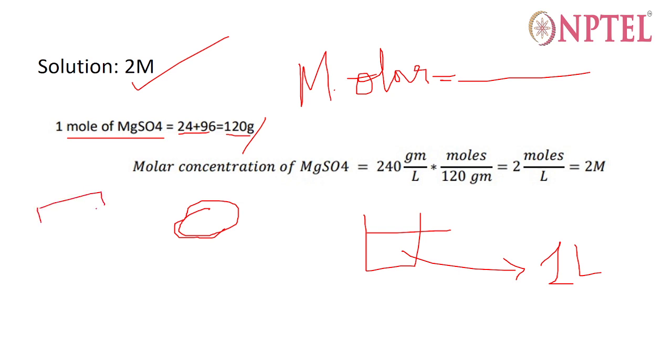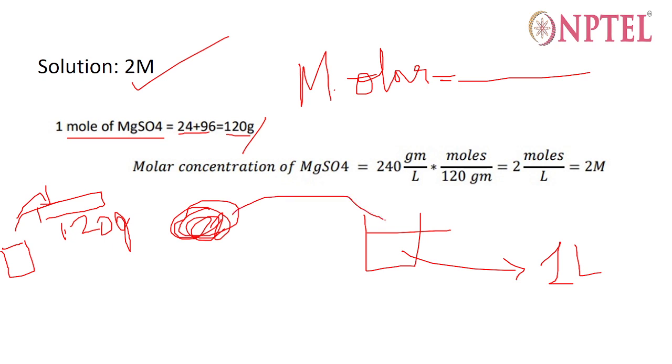So I will go to a balance, take the container of MgSO4 and weigh 120 gram. Add it into this beaker. Mix it. You will get a 1 molar MgSO4 solution. That's the basic understanding of molar concentration.